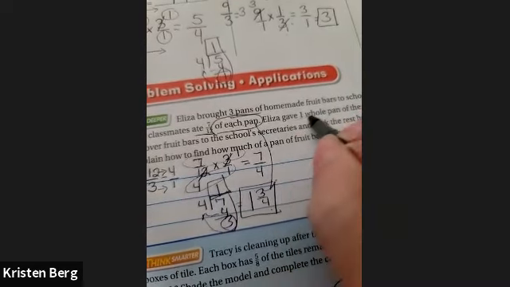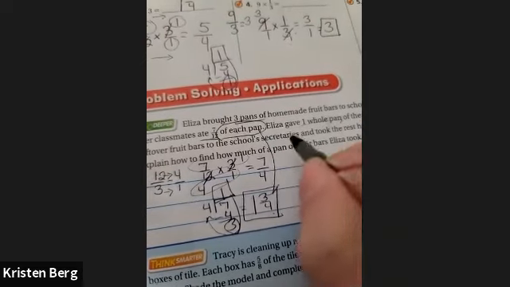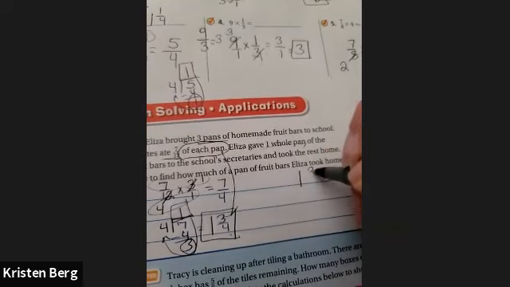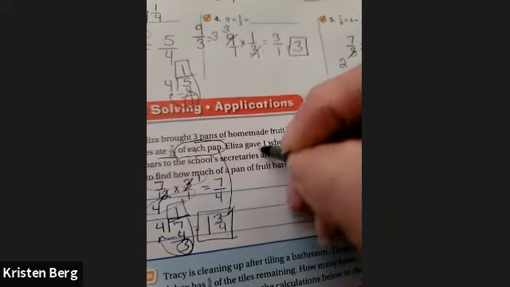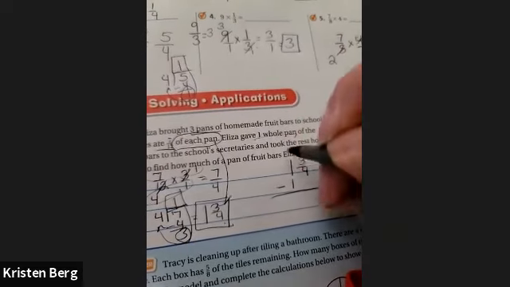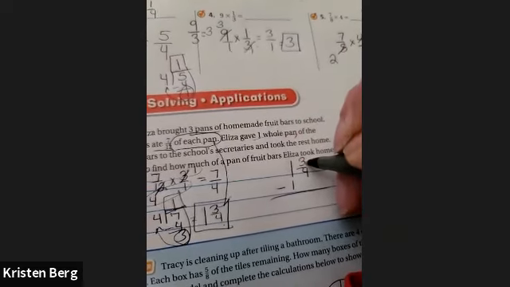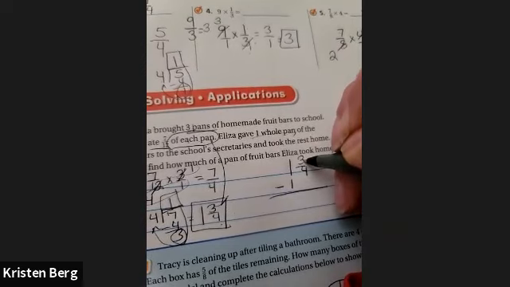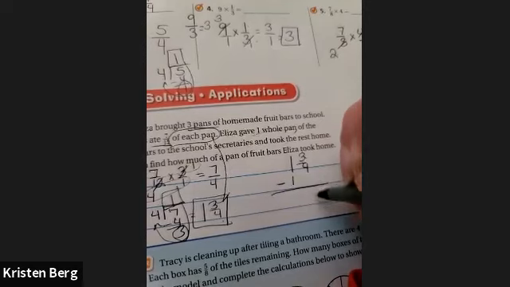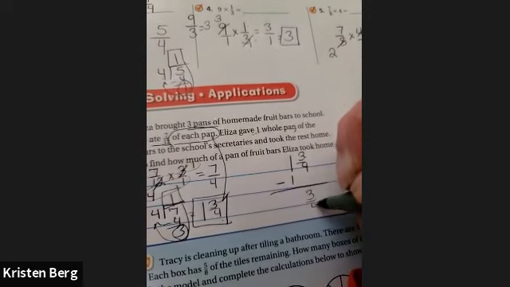But then it said she gave a whole pan away to the school secretaries. Okay, so this is what was left. And then she gave away a whole pan. So it was just one whole. So if she has 3/4, so 3 slices minus nothing, 3 minus 0 is still 3/4 left.